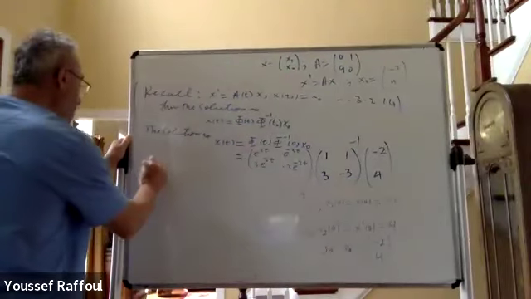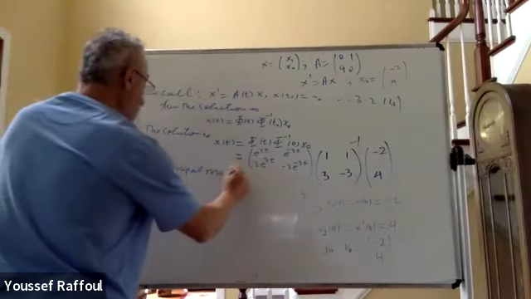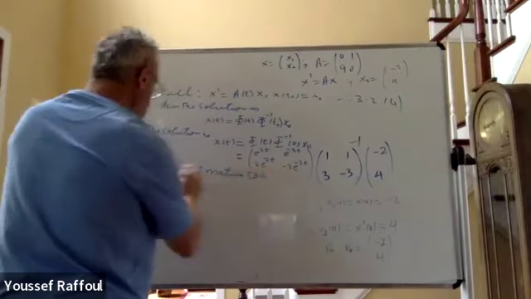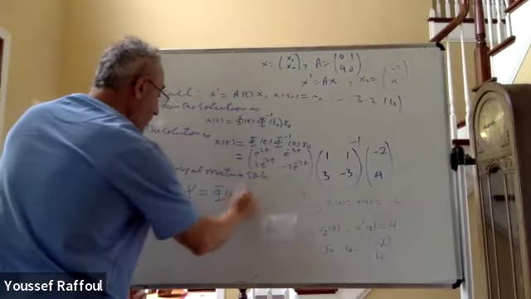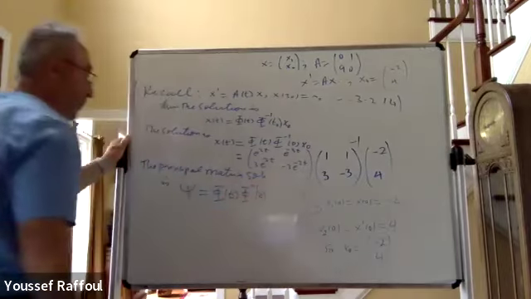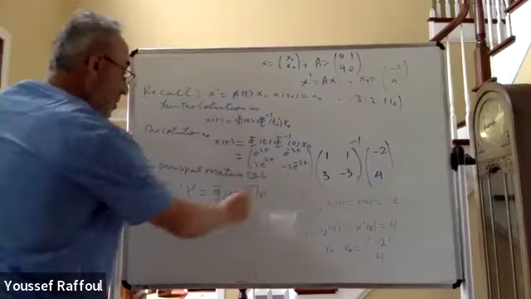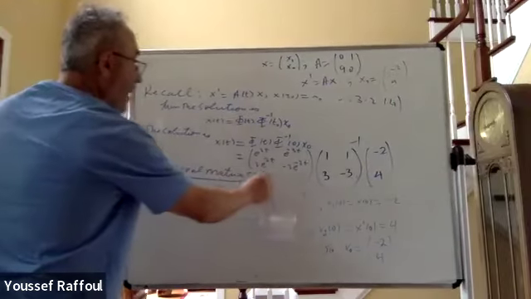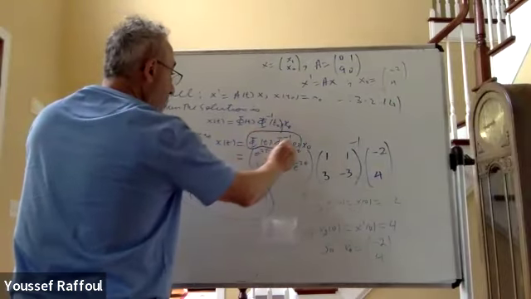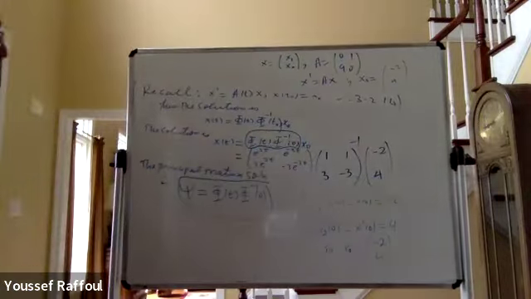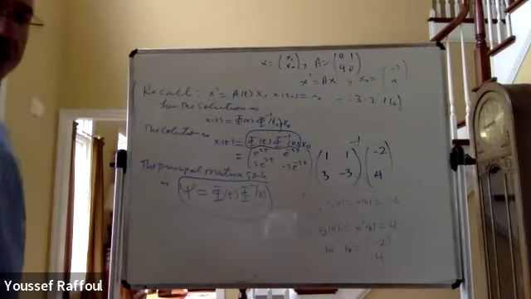the principal matrix solution is psi, that is going to be phi of t, phi inverse of 0. This is by the theorem. So this is the principal matrix. Here, in this problem, we have the inverse times the matrix itself times x naught, but x naught is not part of the principal matrix.